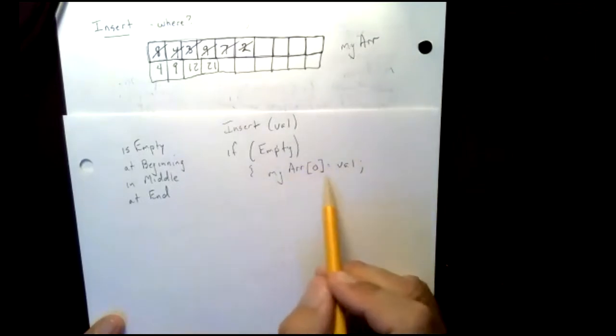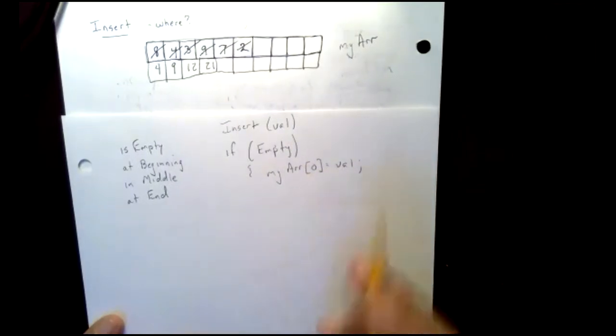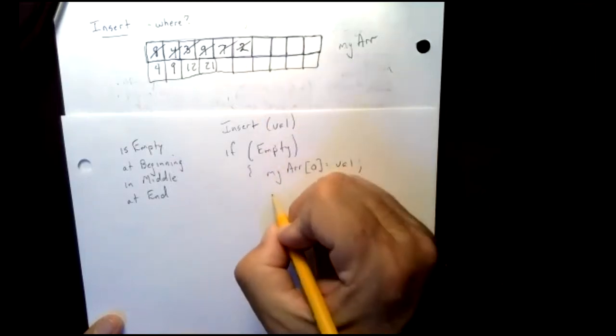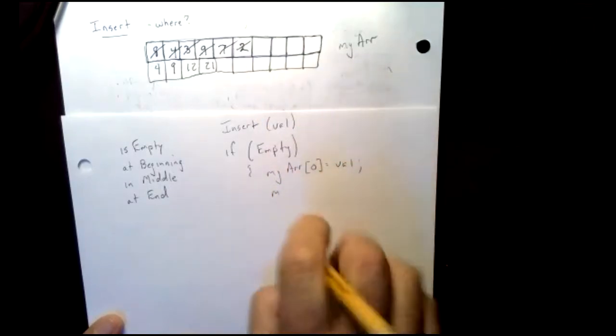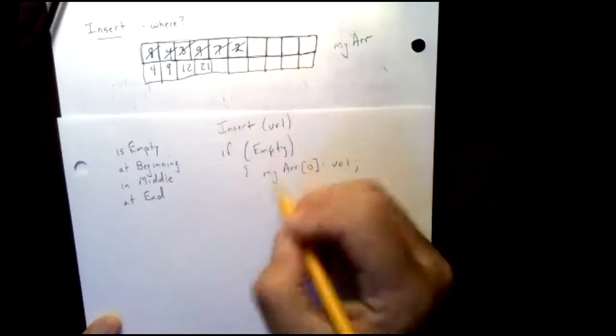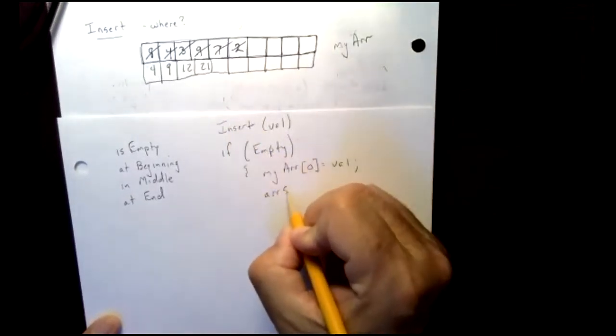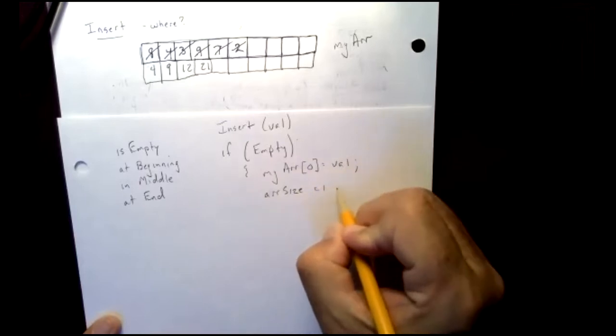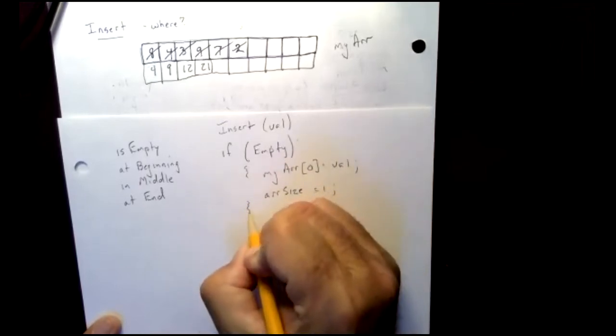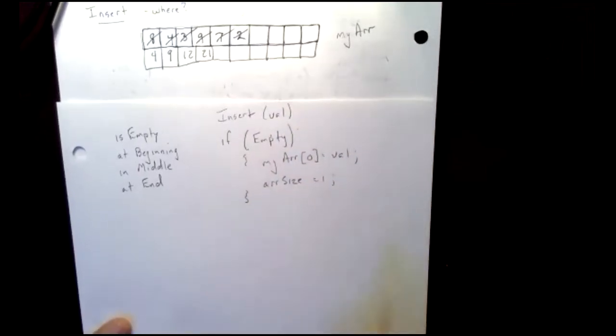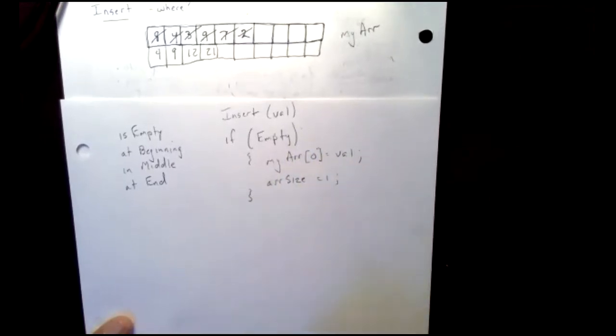If it's empty, my array value, da da da da. And then I need to say what's the size of my array. So my size, or let's call it array size, gets a value of 1. So if it's empty, I'm going to put that value in the first spot.